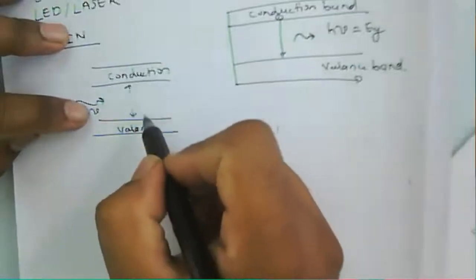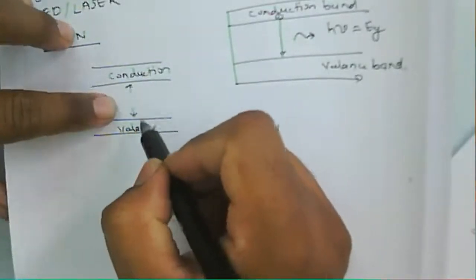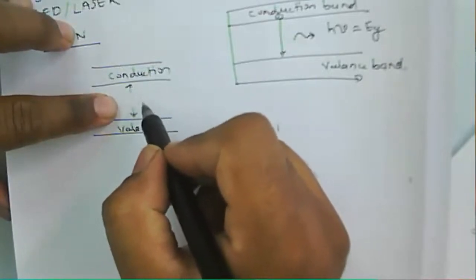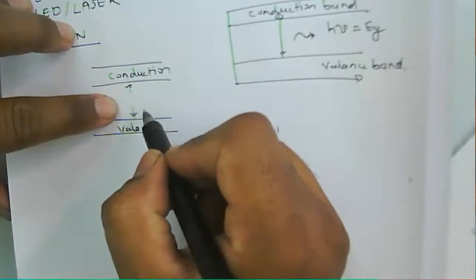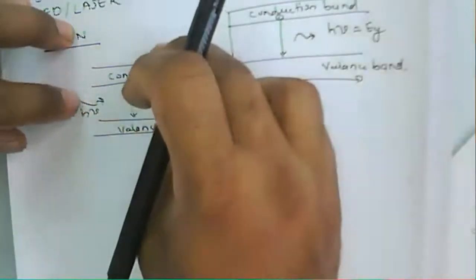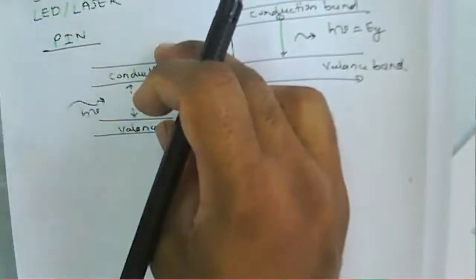Sometimes the generated electron and hole pair may recombine, and that recombination is nothing but loss for the detector, because the light was absorbed but the electron hole pair recombined.